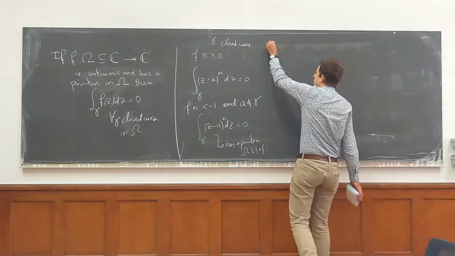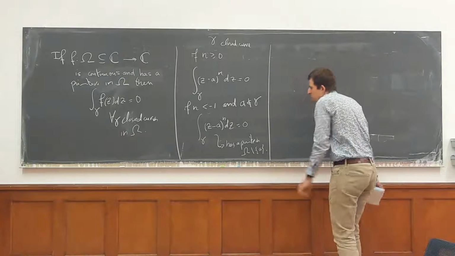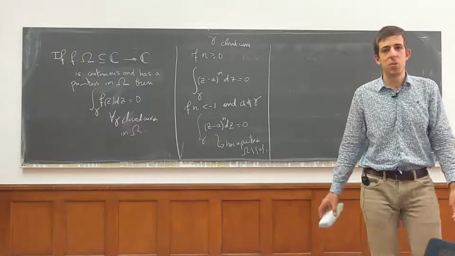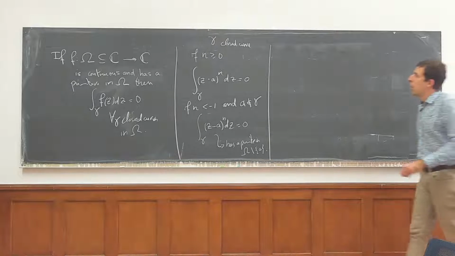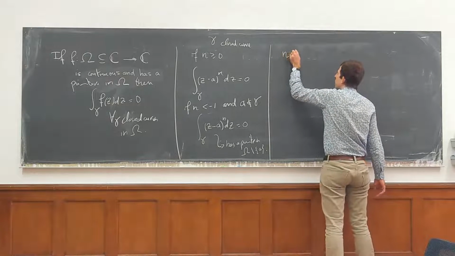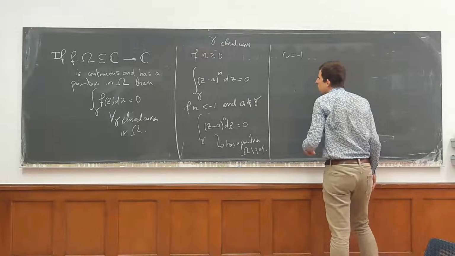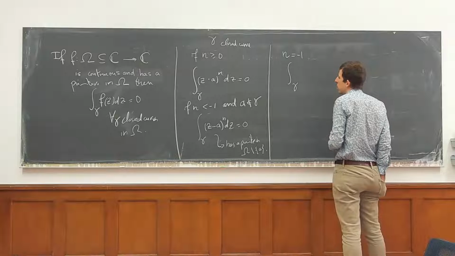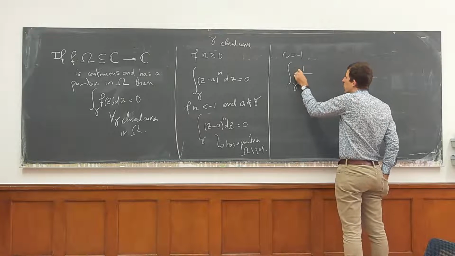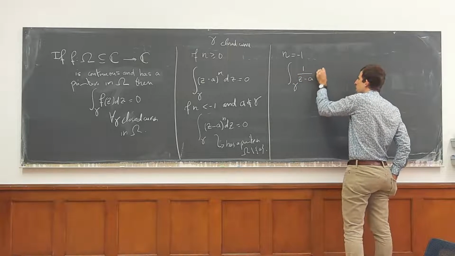But then something interesting happens for n equal to minus 1, and this is where we ended last week. If we take n to be minus 1, then we're asking what happens to integrals of, say, 1 over (z minus a) dz.